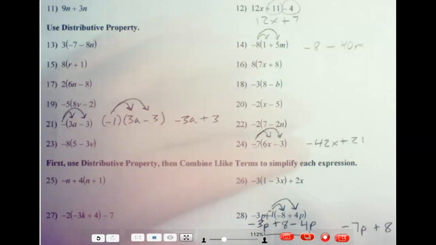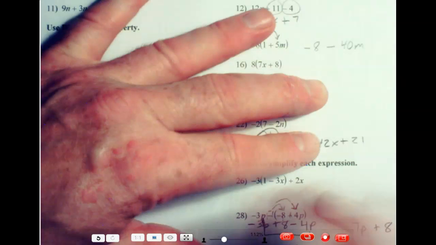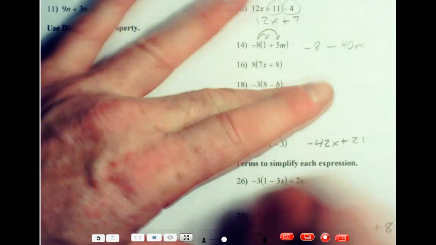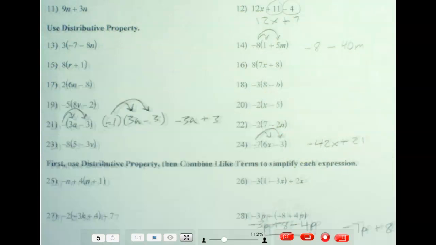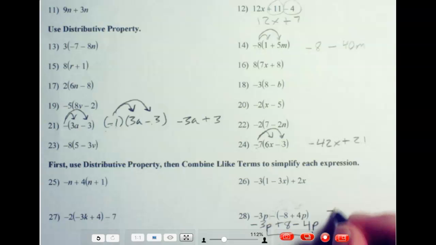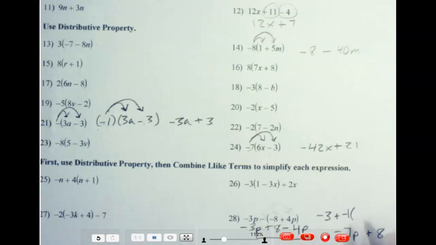Just going to erase that so you can see that original problem one more time. See how I did that. We can think about this problem as a negative 3 plus a negative 1 times negative 8 plus 4p.